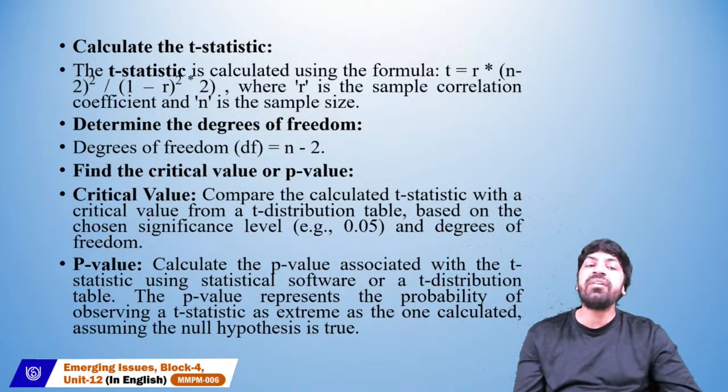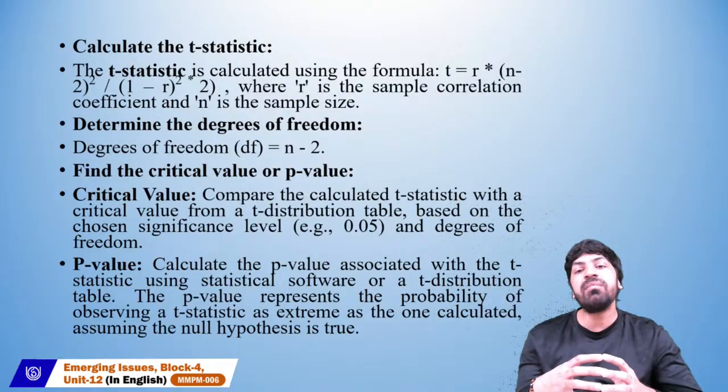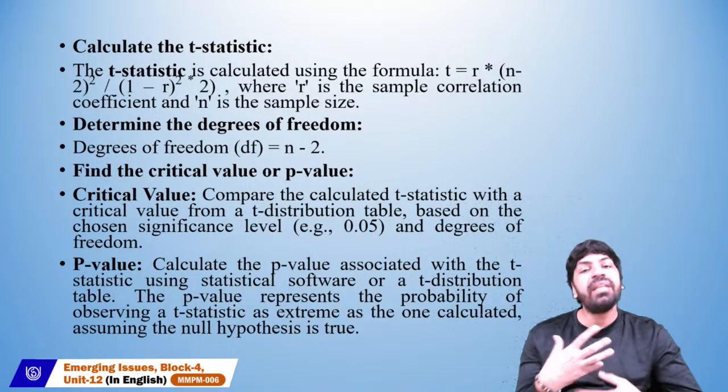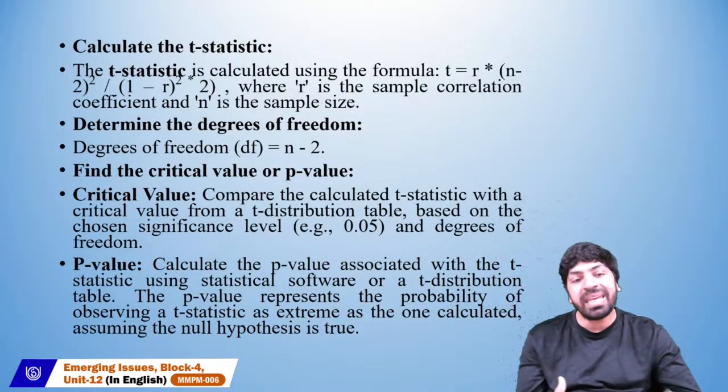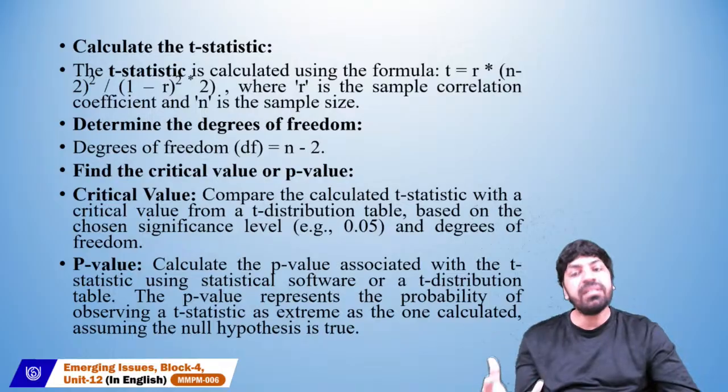The critical value is always termed the table value, and there is a t distribution table where we need to find the t table value at the significance level.